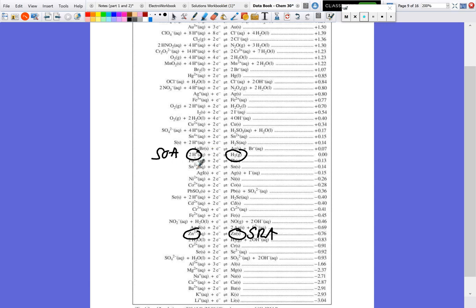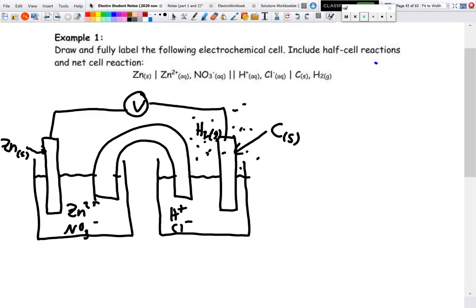So we know the strongest oxidizing agent is my cathode portion, and the strongest reducing agent is the anode. Perfect. And that's exactly how I have it drawn there. So now that I know this, I can call this my anode, and it's negatively charged. Carbon solid is my cathode, and it's positively charged.